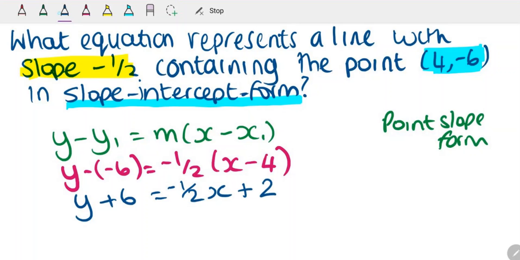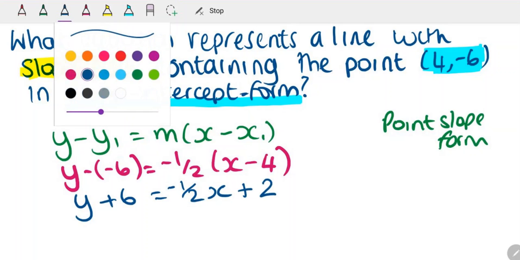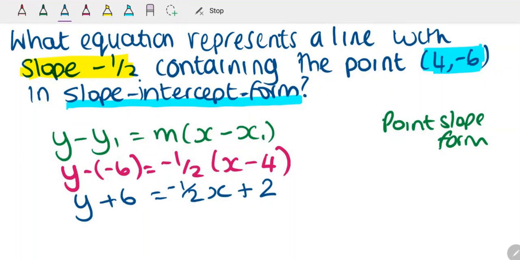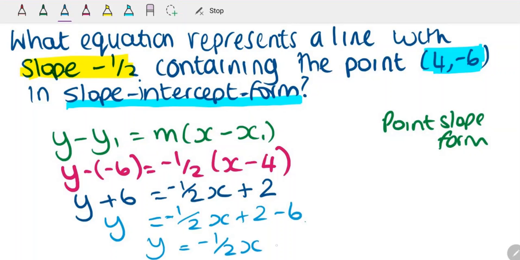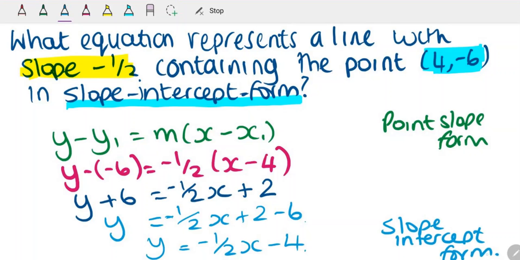Because we need it in the form of y equals mx plus b, we're going to subtract 6 from both sides, and we'll have minus a half x plus 2 minus 6. So our final answer is minus a half x minus 4, which is slope-intercept form.